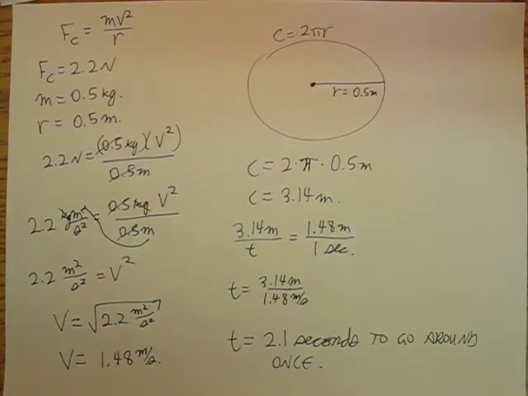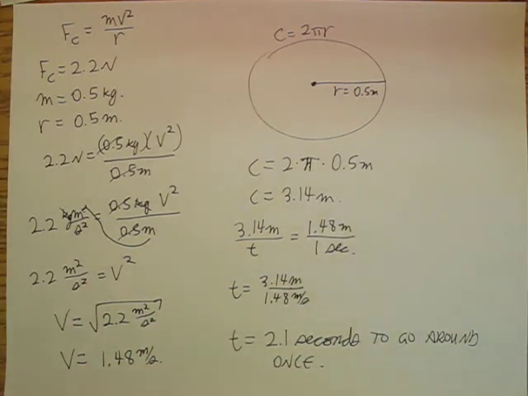And if you go back and you watch the very first video and you can time it yourself with your own stopwatch, or you can take my word for it, you'll find that the time to go around once in that video is exactly 2.1 seconds. Okay, so that's the analysis of that motion.